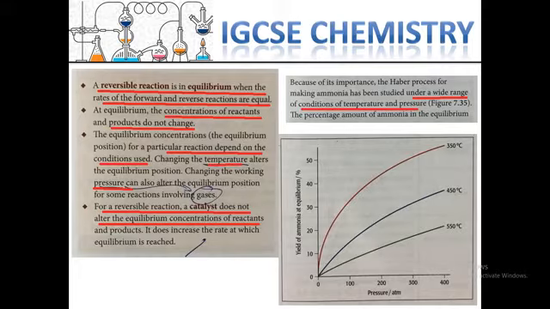But a catalyst does not change chemically and is not used up during the reaction. The catalyst is usually a solid phase, but it doesn't alter the equilibrium concentration.